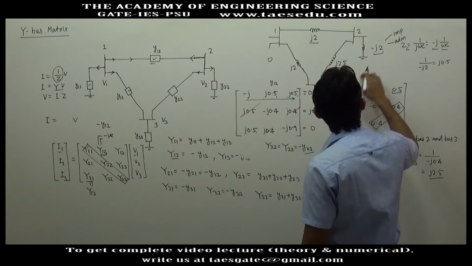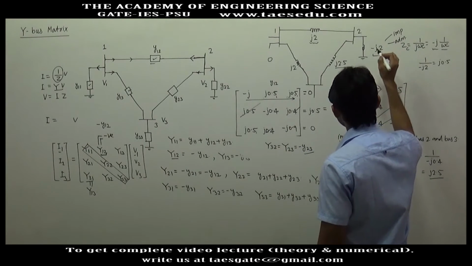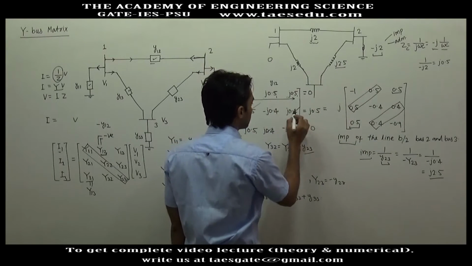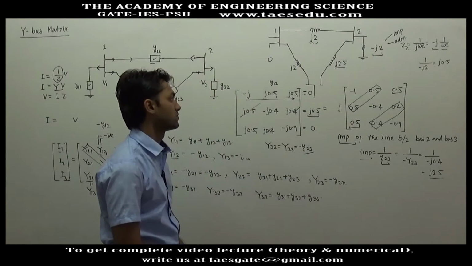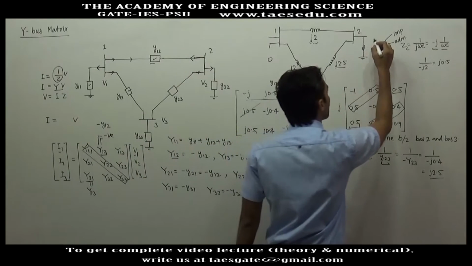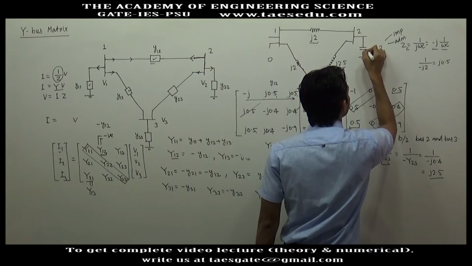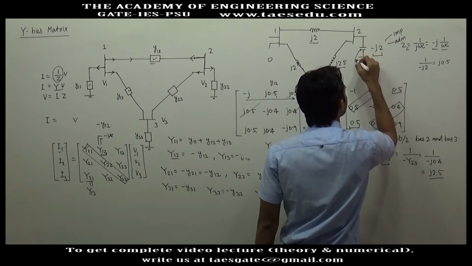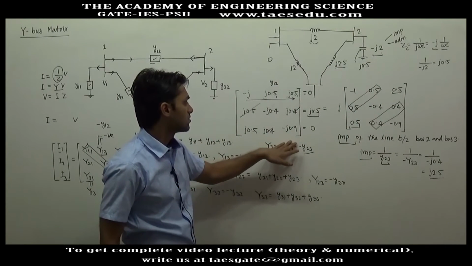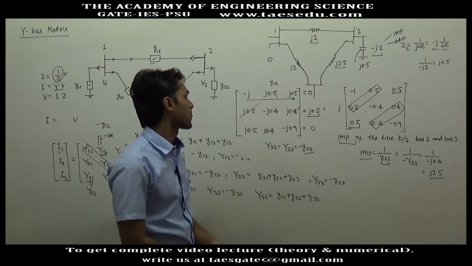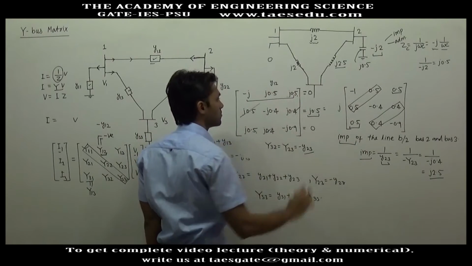The shunt element connected at bus 2 is minus j2, and here you are adding three admittances. The admittance of this capacitor was j 0.5, and in the third row you get 0 because there is no shunt element connected.